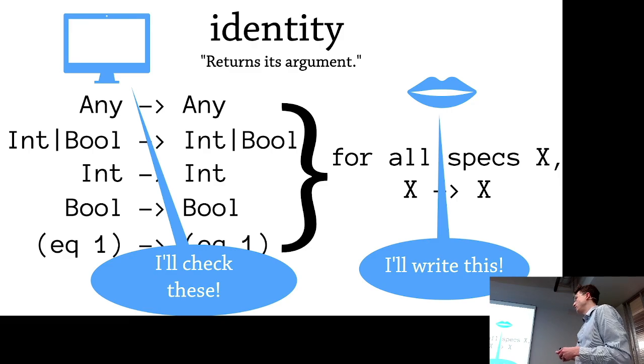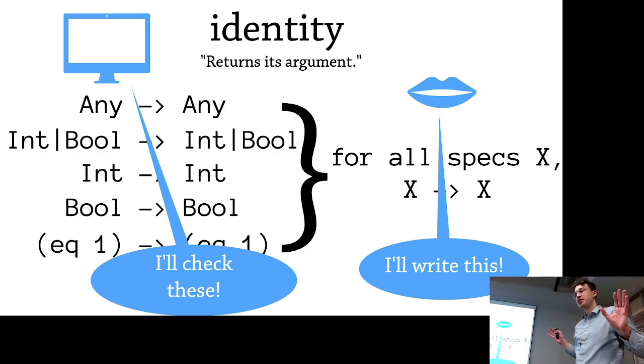So we can write a spec that is more precise, easier to convey, easier to read in some ways, and allows the computer to check things much more accurately. All right, that's the gist of the idea.